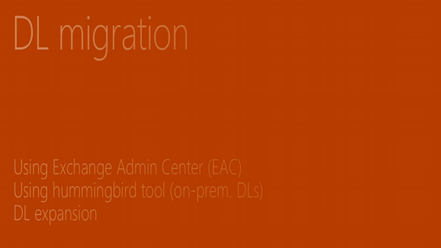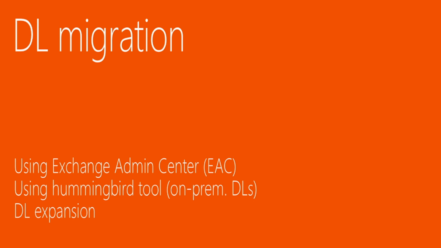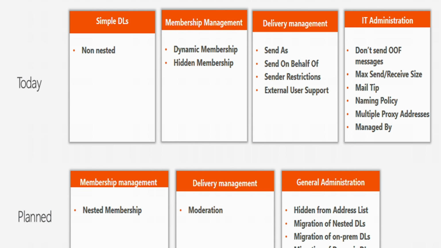So we'll also look at the roadmap now. As far as DL parity is concerned, if you look at these two tables on what is there today and what is planned, what is there today is actually huge.